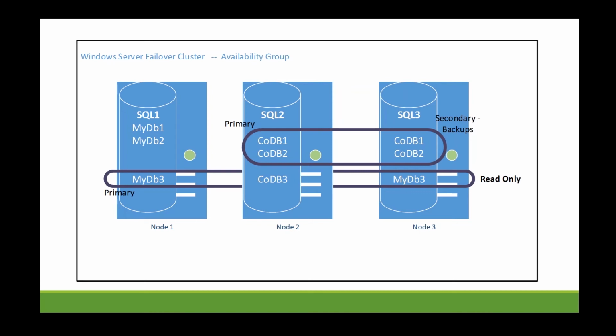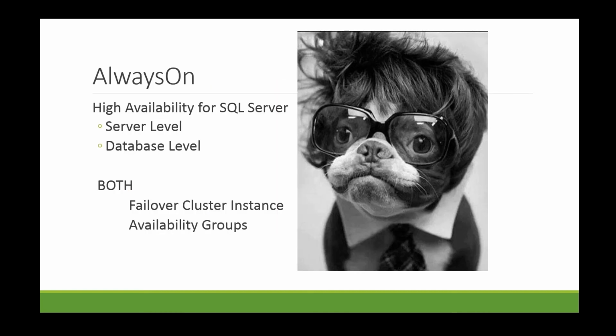It gives me a lot of flexibility, whereas I didn't necessarily have that type of flexibility with just installing a failover cluster instance. So that's an awful lot of words. To go back to our first slide, getting to the point, what is Always On?